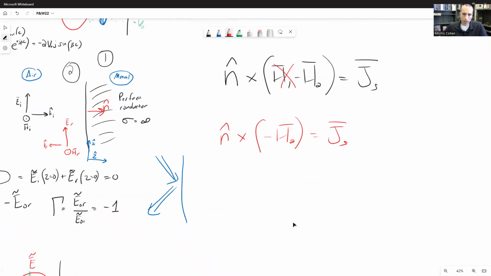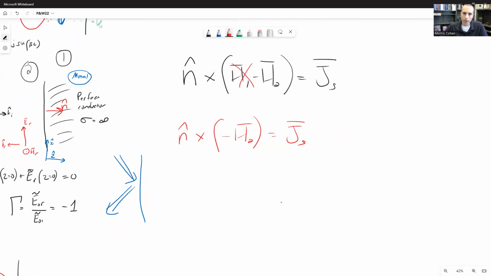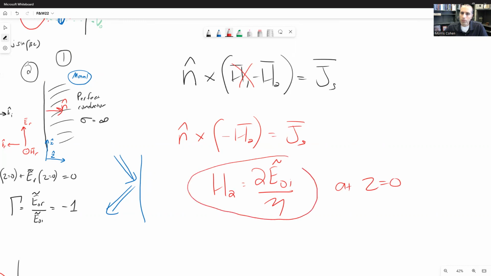And this works out to be the following: H2 equals 2 times E0I as a phasor divided by eta. This is evaluated at z equals 0. So this is the value of H2, and it is oriented in the y direction.